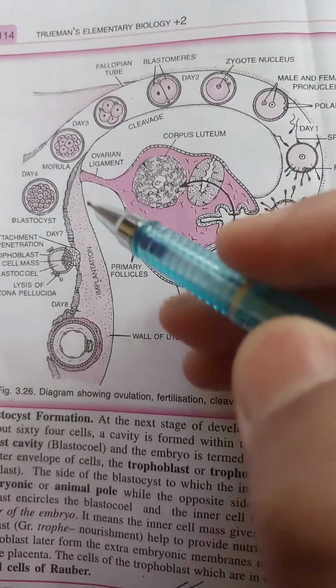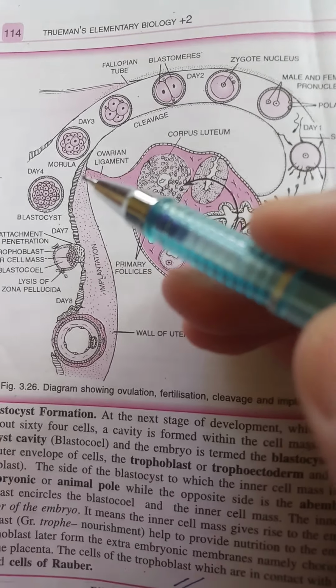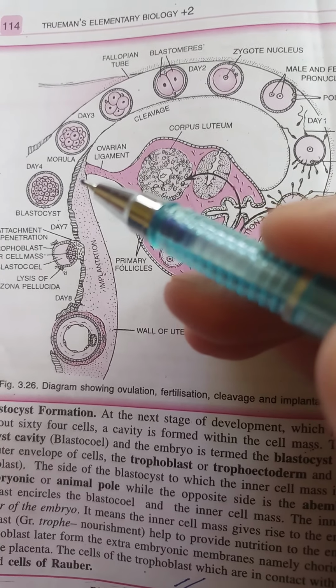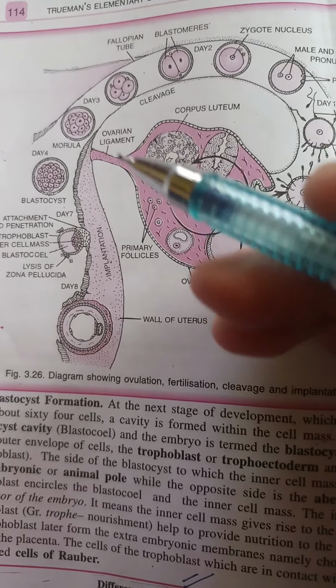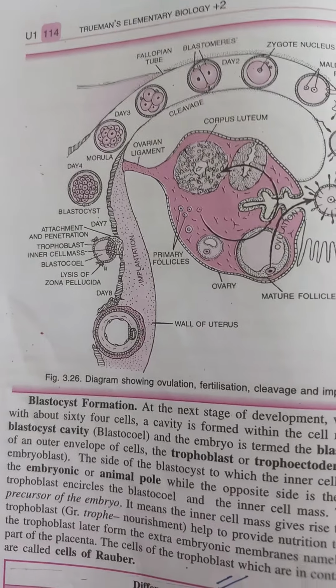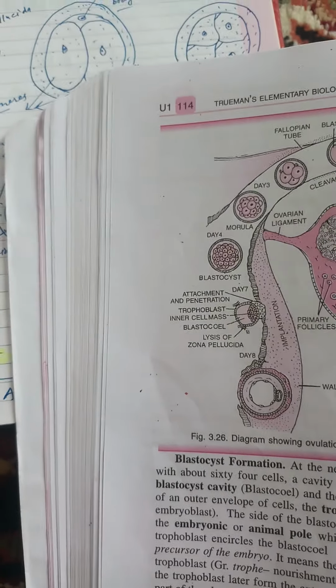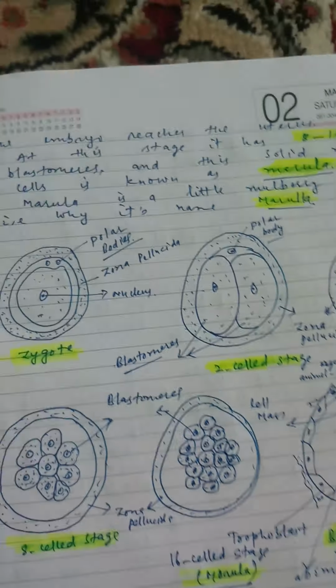So this morula at the stage of 8 or 16 cells reaches the uterus of the mother, and all this happens within 96 hours, or after 4 days.